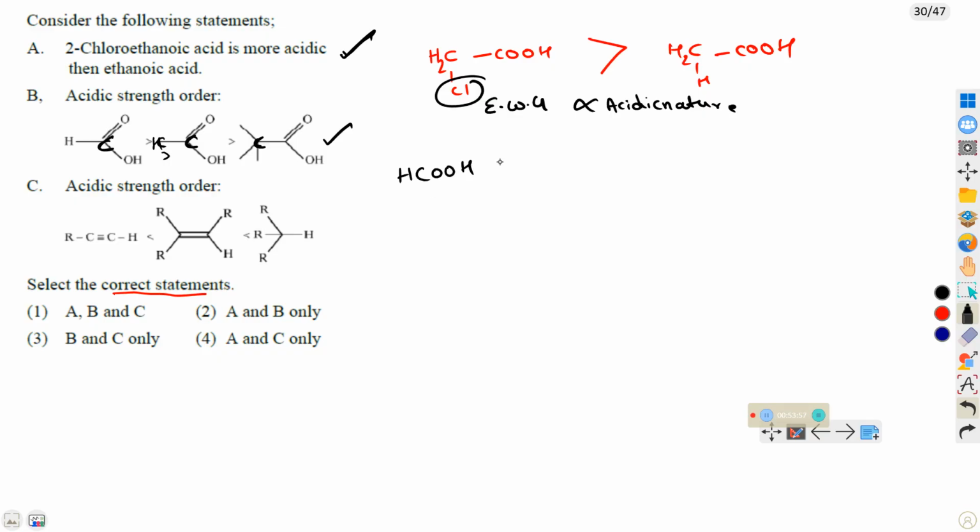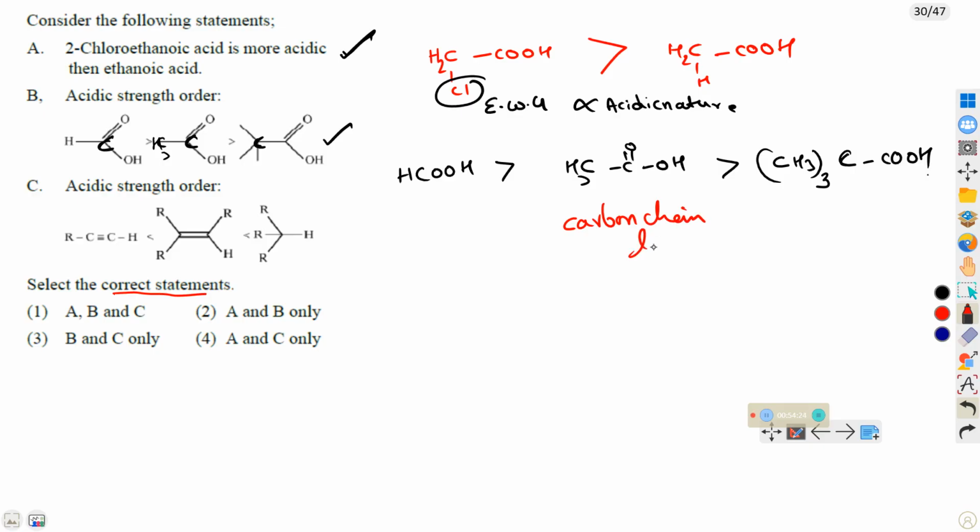HCOOH is more acidic than CH3COOH. As the alkyl group length increases, acidic nature decreases, because alkyl is an electron donating group. Carbon chain length is inversely proportional to acidic nature.